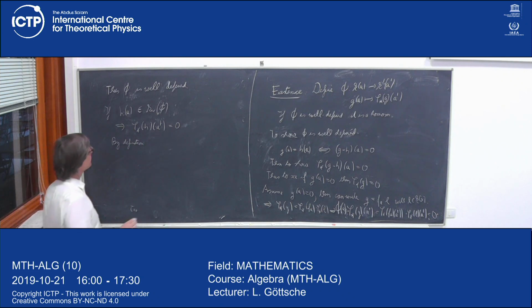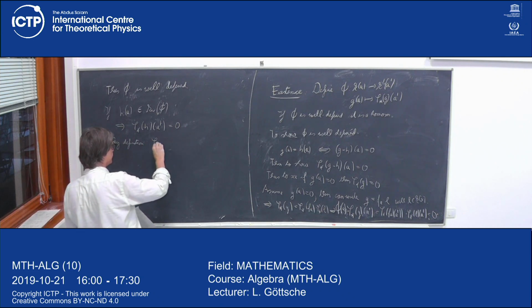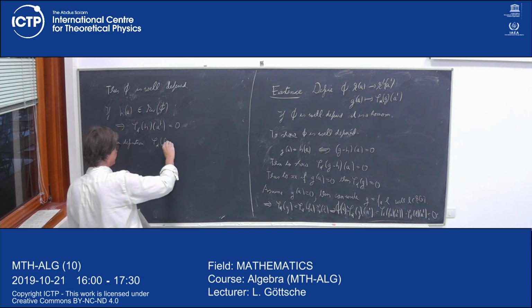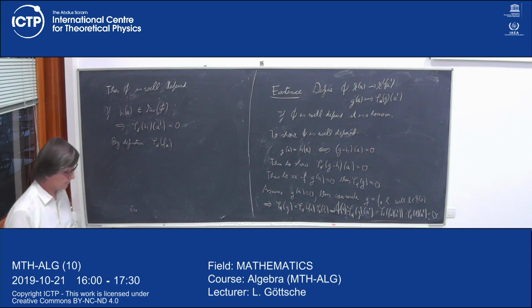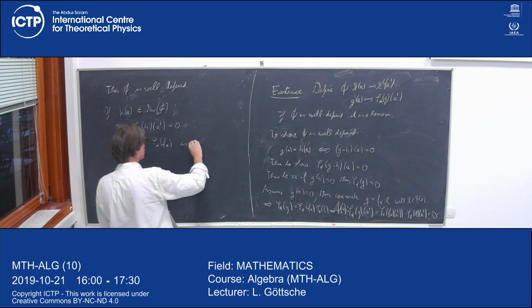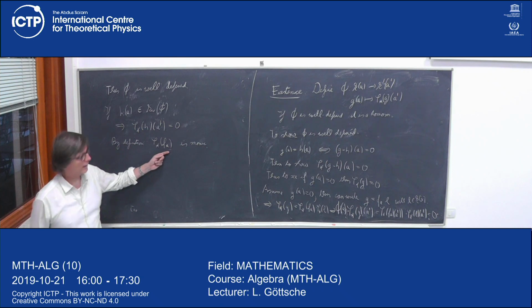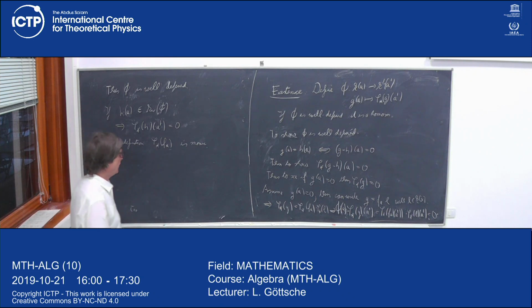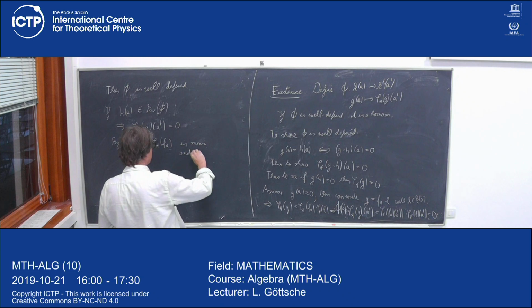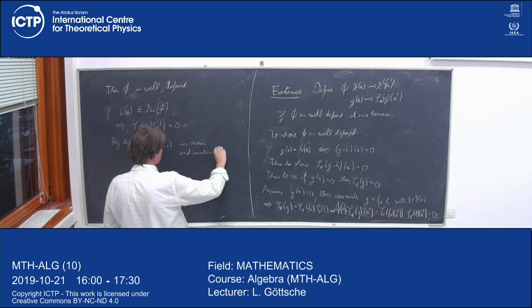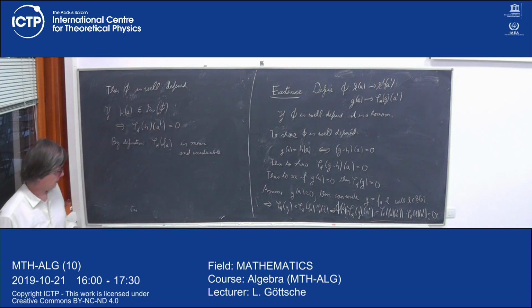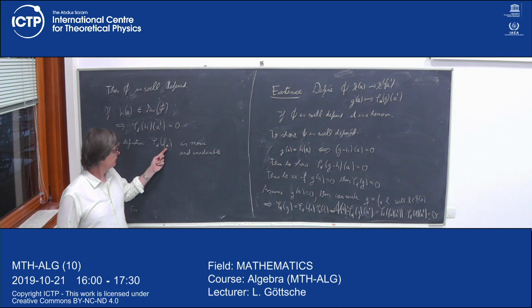if I take phi star of f_a, this is monic. Because f_a is a polynomial which starts with 1, and if I have a field isomorphism, it sends 1 to 1. And so it's also monic and irreducible, because f_a was irreducible, and if I have an isomorphism, it sends irreducibles to irreducibles.